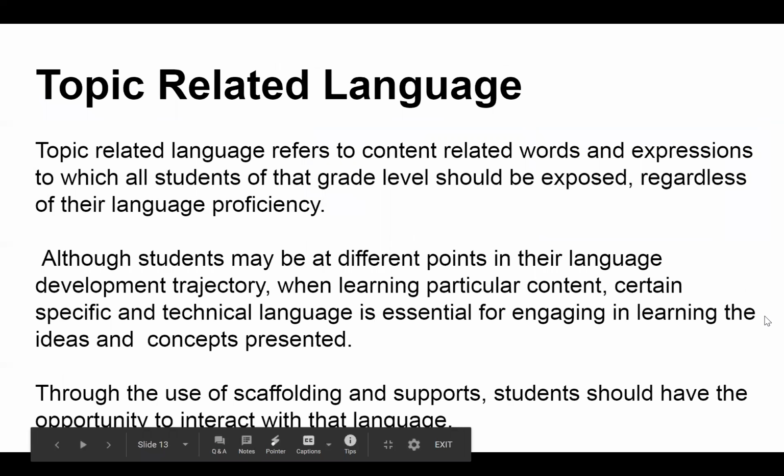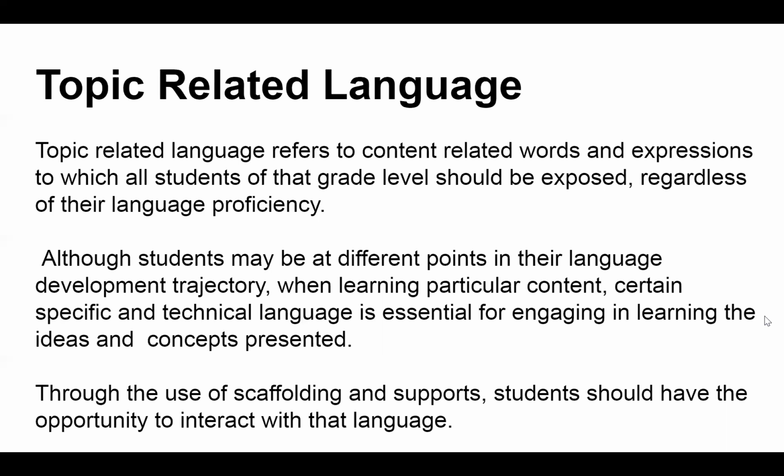Topic-related language refers to content-related words and expressions to which all students of that grade level should be exposed, regardless of their language proficiency. Although students may be at different points in their language development trajectory when learning particular content, certain specific and technical language is essential for engaging and learning the ideas and concepts presented.